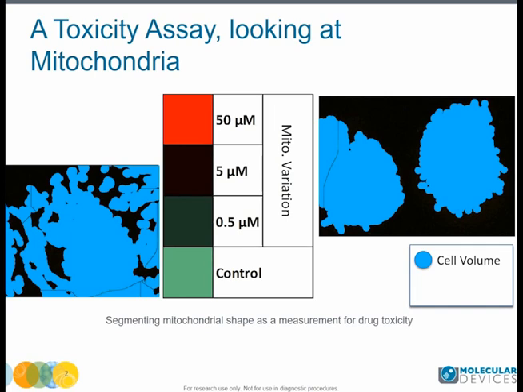Intensity variation is a texture measurement, where clumpy mitochondria have fewer, smaller, brighter spots, and so have a higher variation than those that have long, stringy, relatively dim mitochondria.